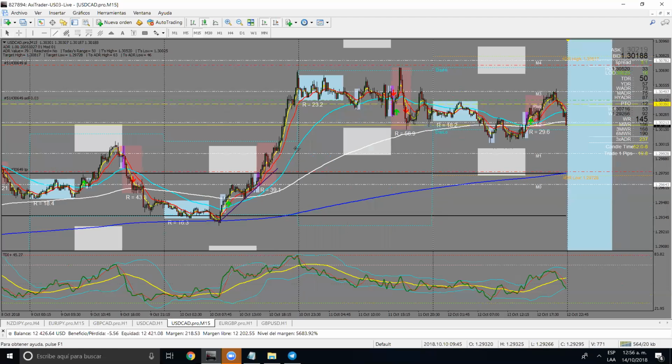This trend line here. We have this market here, this trend line. Do you remember the last video? The price came here.